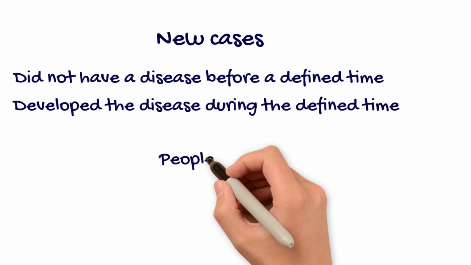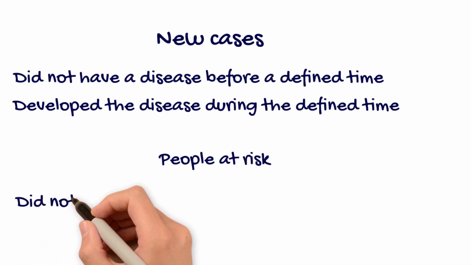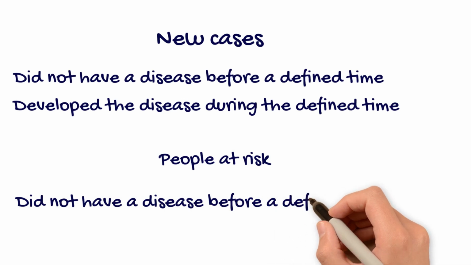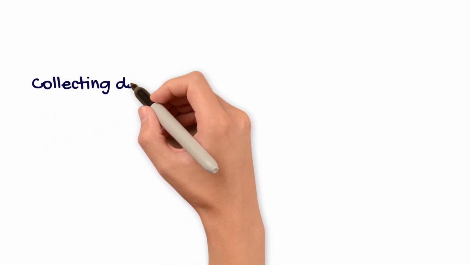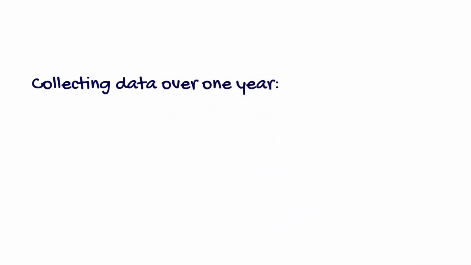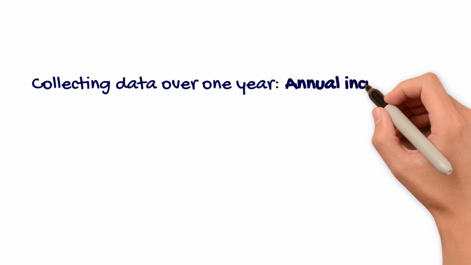To be at risk, a person cannot already have the disease before the same time period. If we want to know how many new cases of the disease occurred in a year, we use annual incidence.